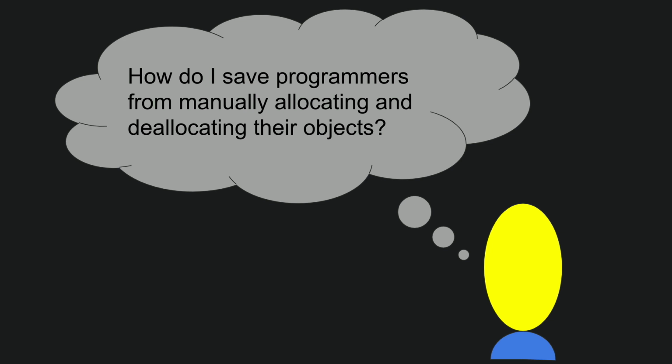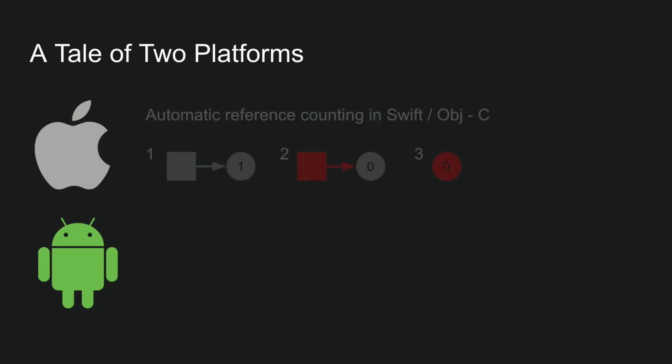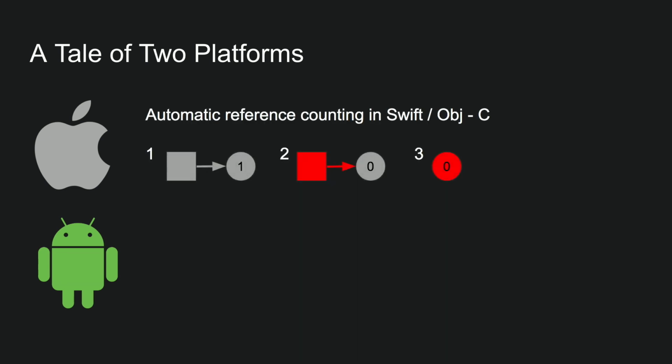And I think it's helpful to think about this by looking at how Apple and Android manage their memory. So on iOS, we have a system called automatic reference counting that's available for Swift and Objective-C. So it's easy as 1, 2, 3, I guess. In step 1, we have the square object that's holding a reference to the circle object.